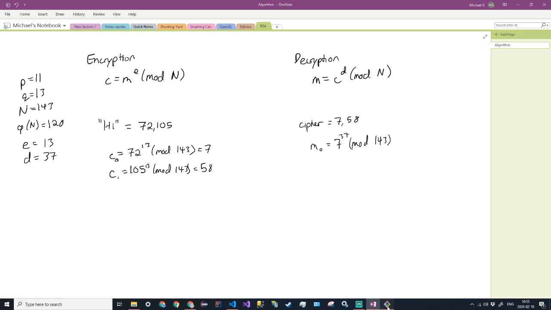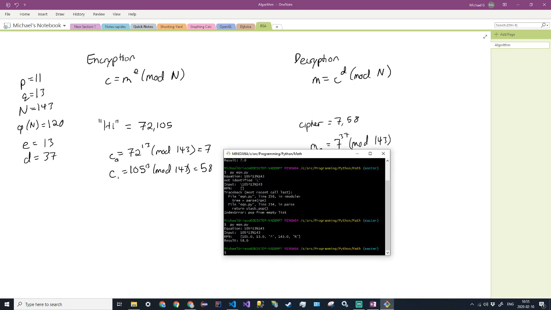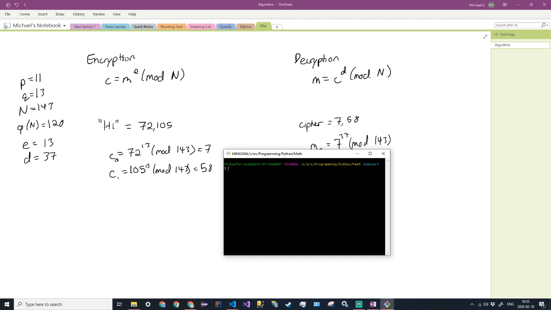And let me just do that once again. 7 to the 37 modulus 143, and we get a 117. We shouldn't get that, but I think I did my math wrong.